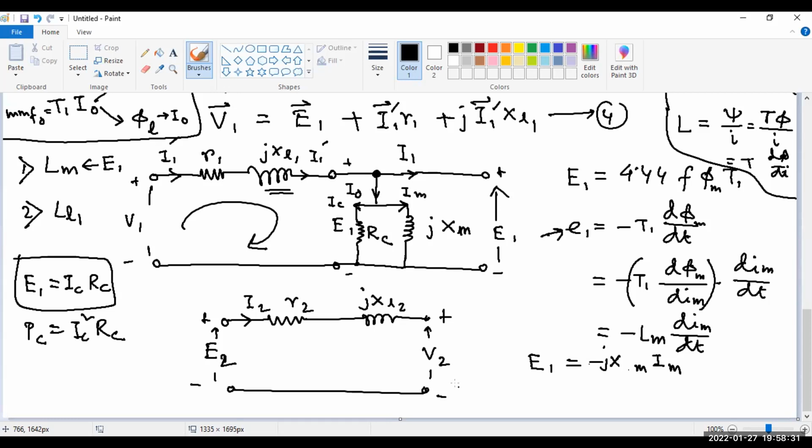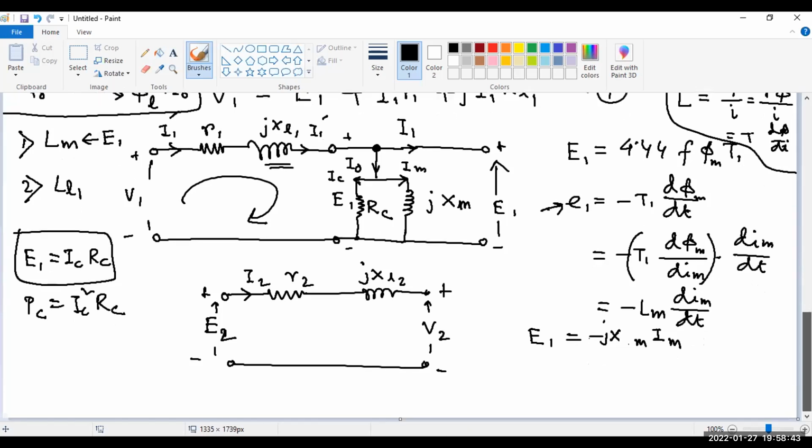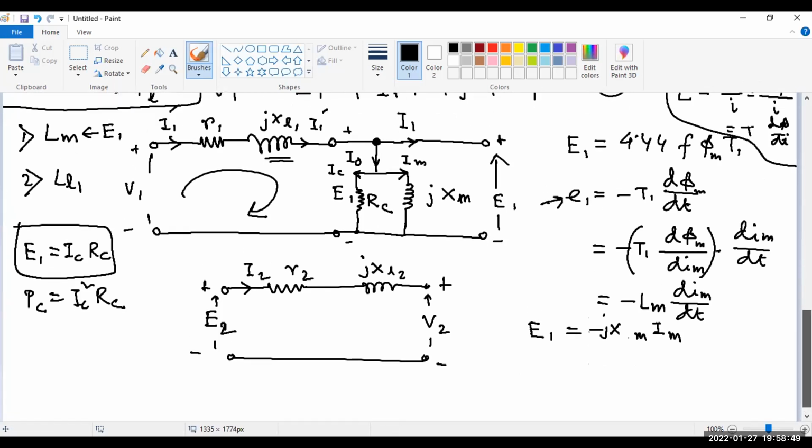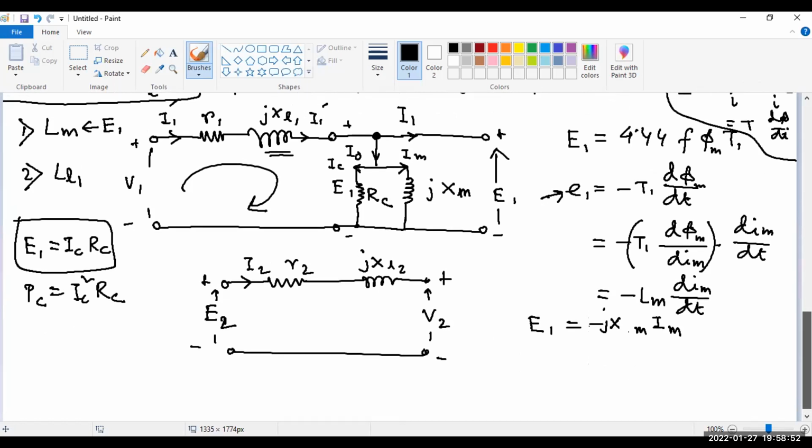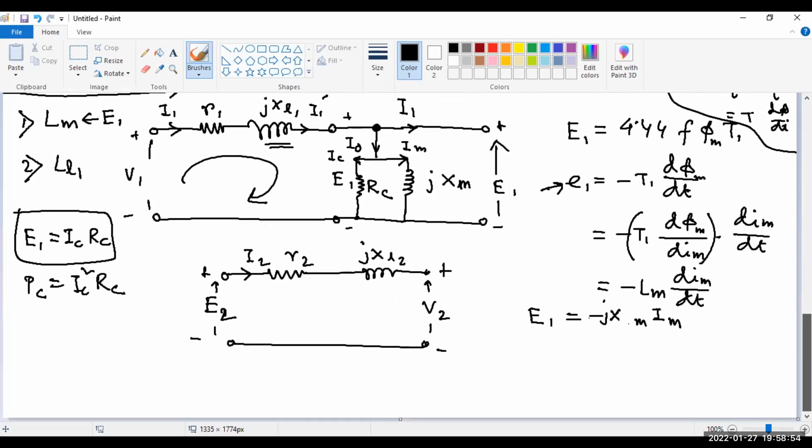Okay, so to get the exact equivalent circuit of a transformer, what do we have to do? Any idea? Sir, we have to refer one side to the other, any one side. I don't know how to refer. Now, you just see, can we connect circuit 1 and circuit 2?